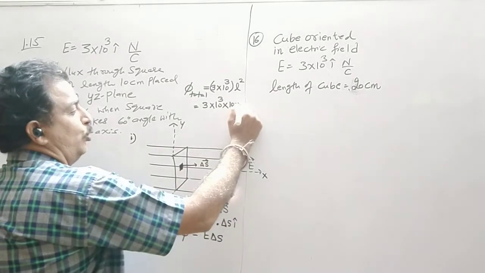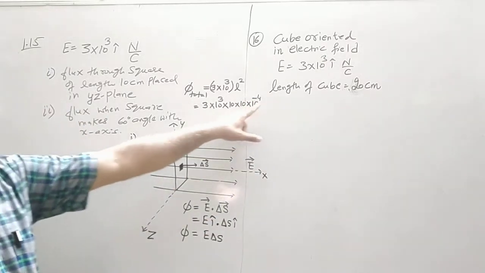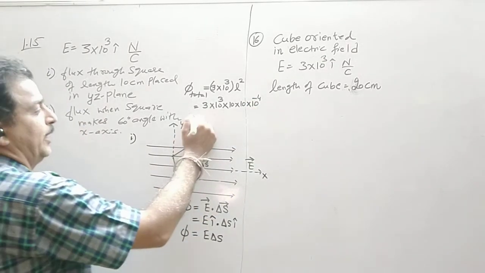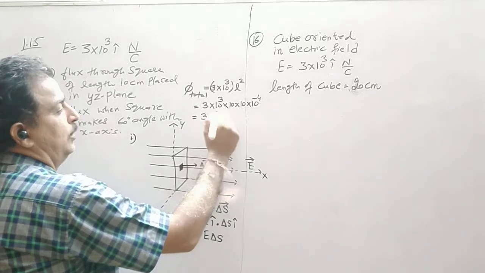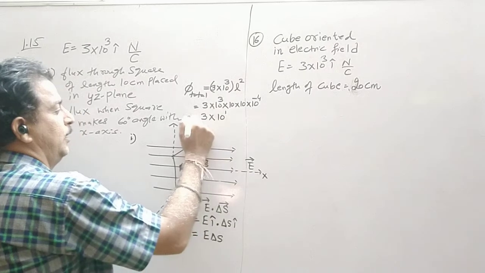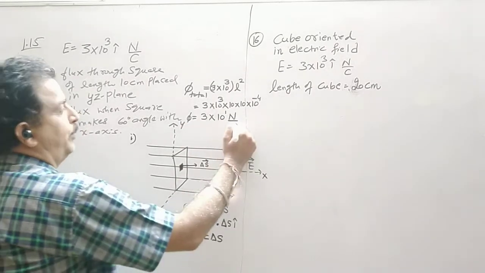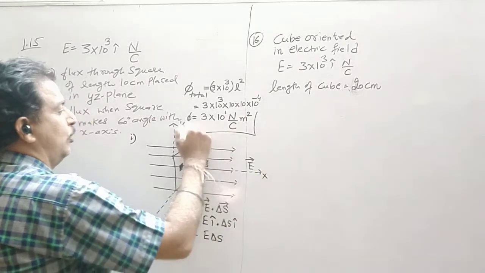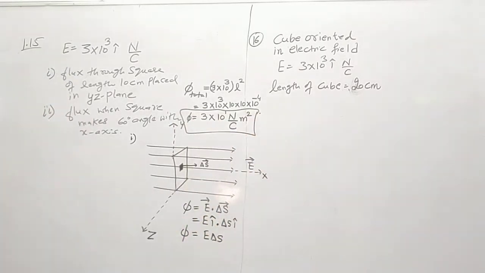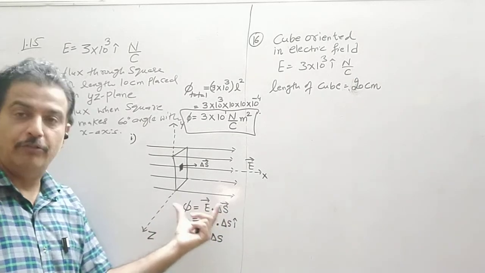So 10 into 10, and we have to convert it into meter, so that is 10 raised to minus 4. So it becomes 3 into, 3 plus 1 is 4, 4 plus 1 is 5, 5 minus 4, 10 raised to 1. So this is the flux whose unit is Newton per coulomb meter square, or it is 30, or you can write 3 into 10 raised to 1 Newton meter square per coulomb. So this is a simple application of the formula of flux.